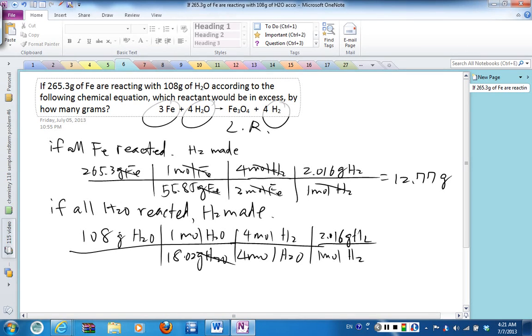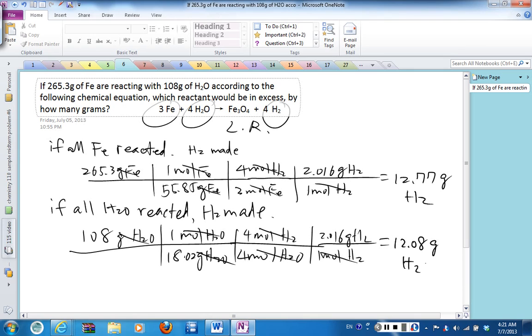So grams of water cancel, mole of water cancel, mole of hydrogen cancel. We got grams of hydrogen again. This is when I used up all the water, supposing that I have enough iron to react with it. I should be getting eventually 12.08 grams. And both of these are grams of hydrogen.